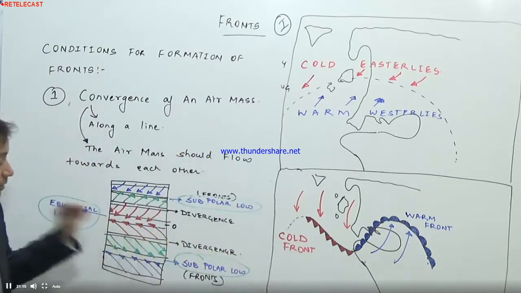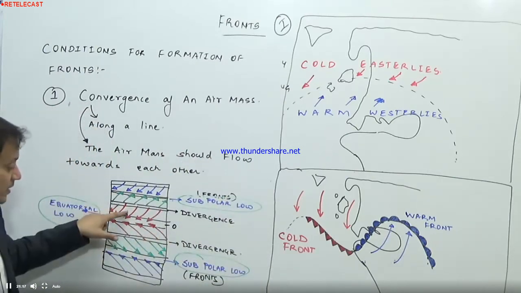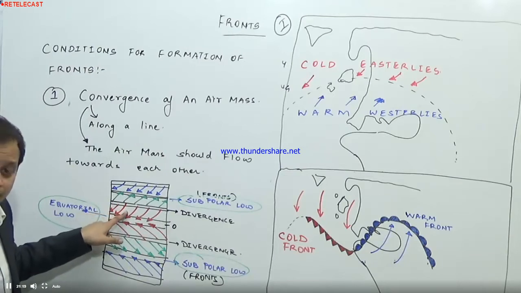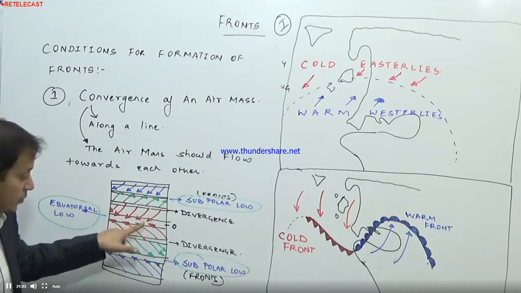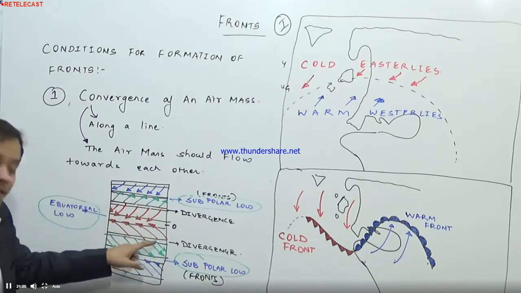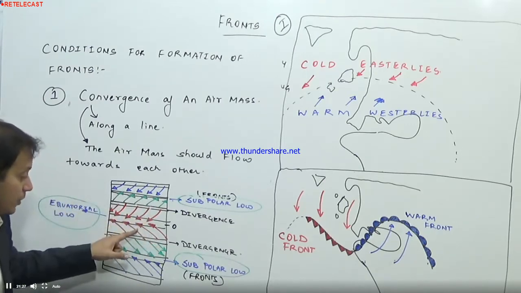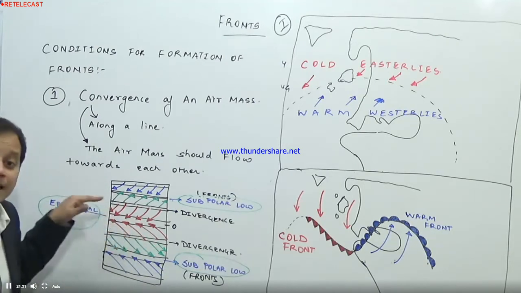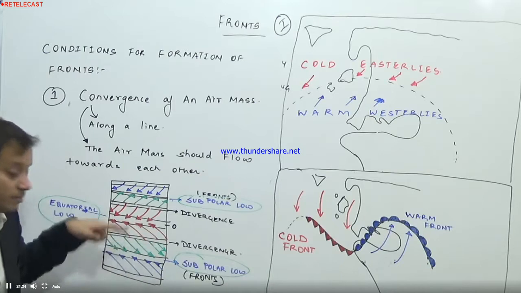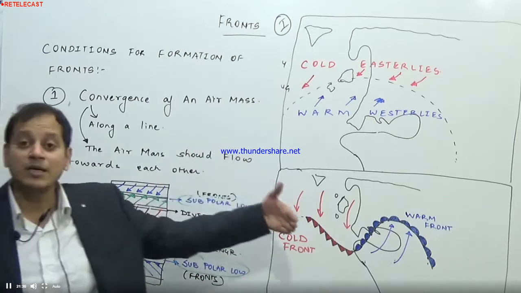Now coming to the equatorial low pressure belt, this red color wind is known as trade wind, which blows from the subtropical high pressure belt in the north to the equatorial region. In the southern hemisphere also there is a red color wind, which I have shown you in red color. Again it is a trade wind which blows from the subtropical high pressure belt to the equator.